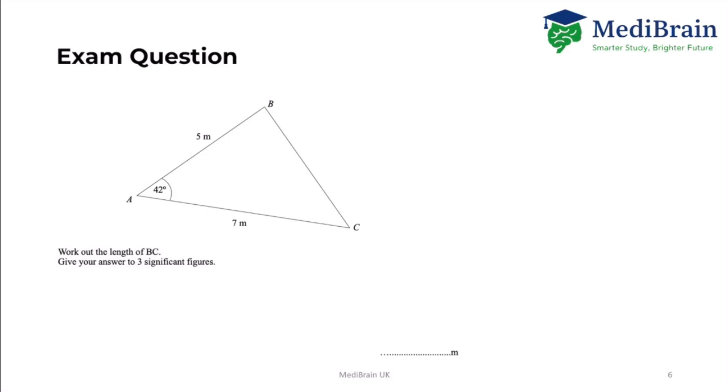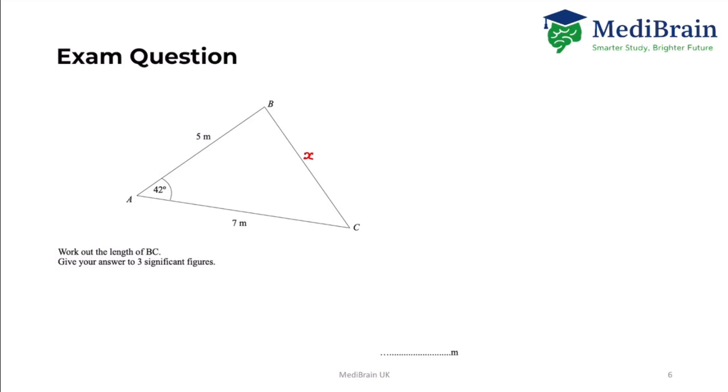Okay. We'll go back to the sine rule question, but the reason why is because over here it says work out the length of BC. BC is over there, and it's an x. Over there in the sine rule, you had two sides and one angle, and the two sides and one angle included the x.